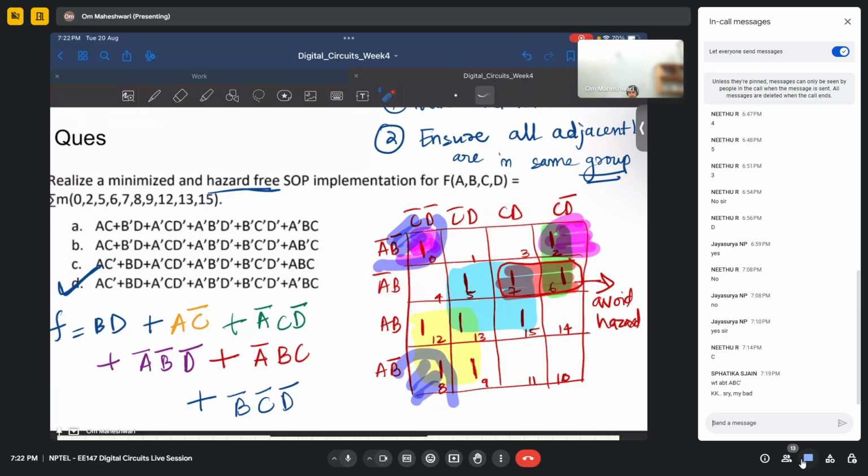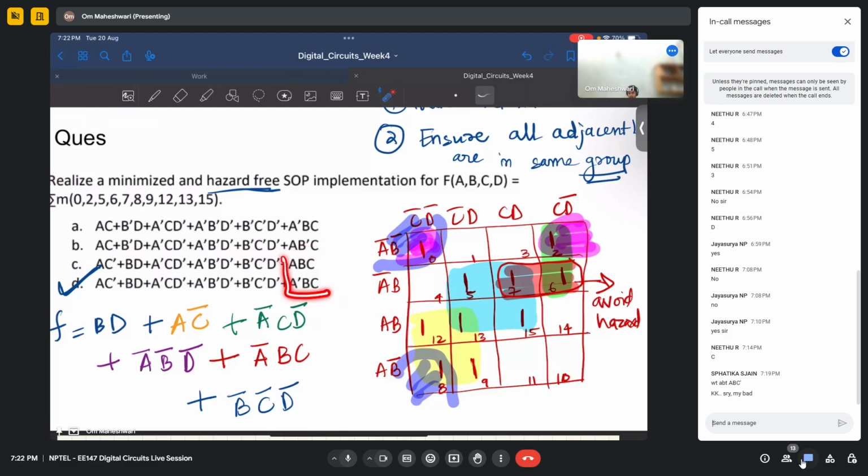So it is A bar B C, not A B C. In the C and D options, this is the different term.